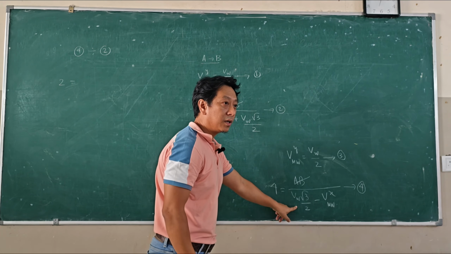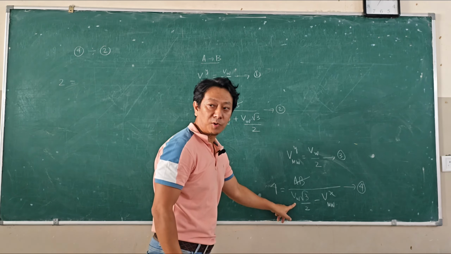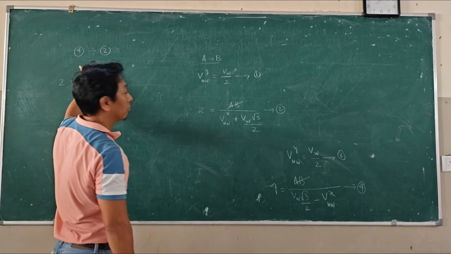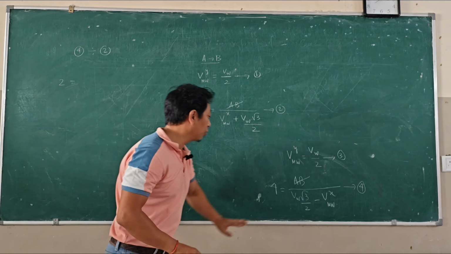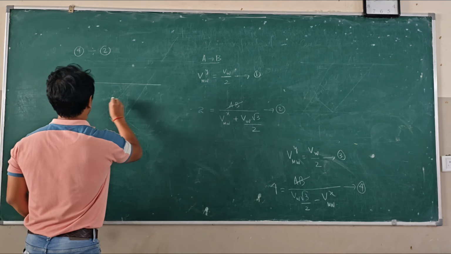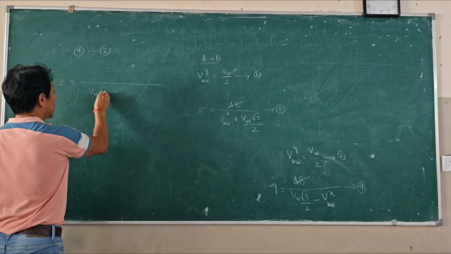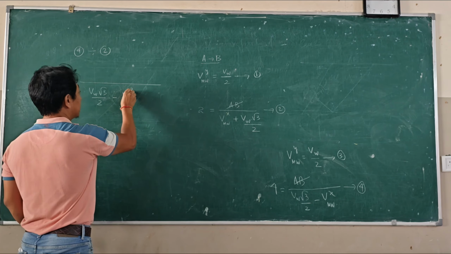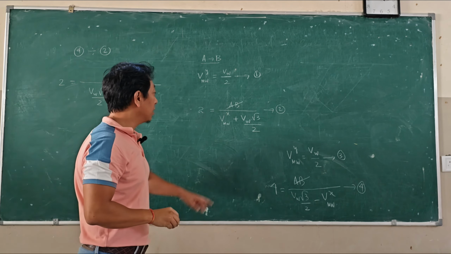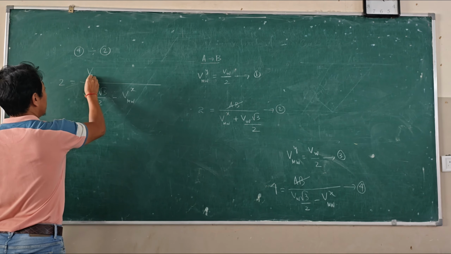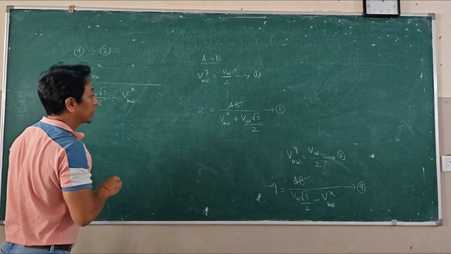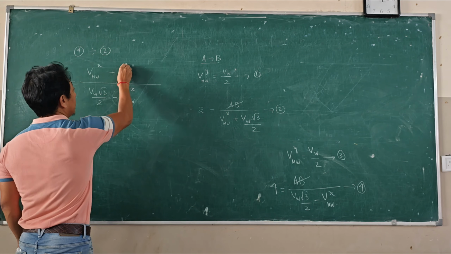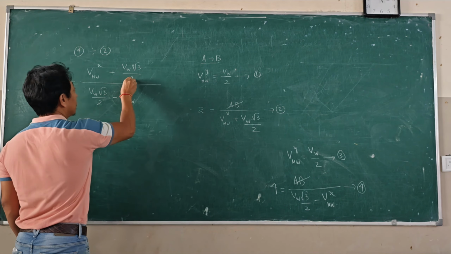This will be in the denominator, because I am dividing equation 4 by 2. So VW root 3 by 2 minus VMW x. And this will go in the numerator, VMW x plus VW root 3 by 2.